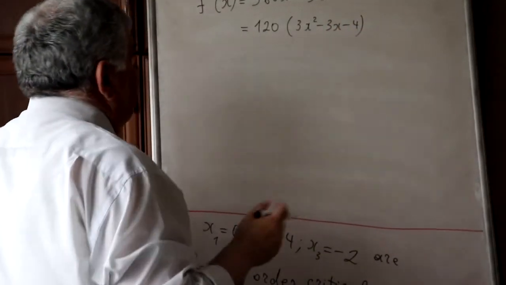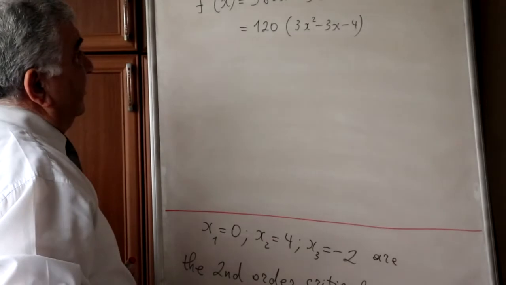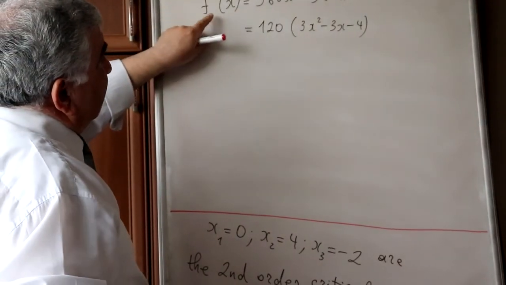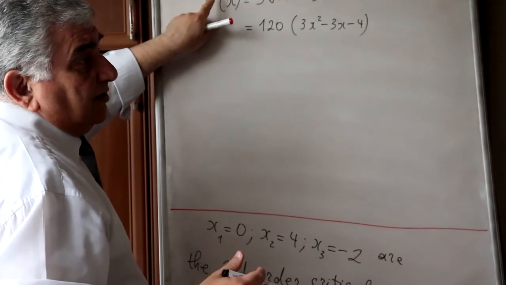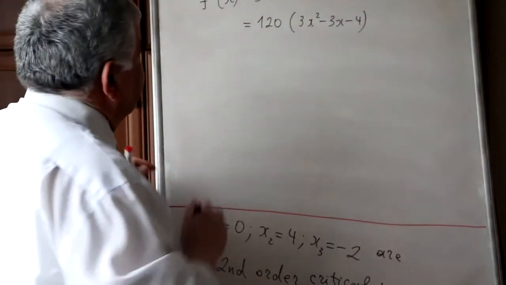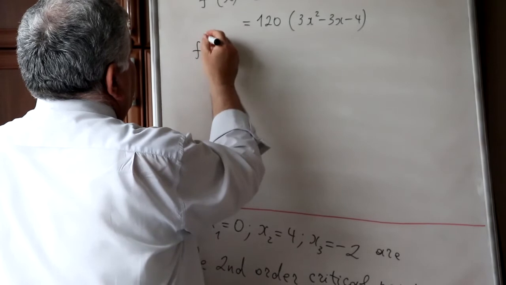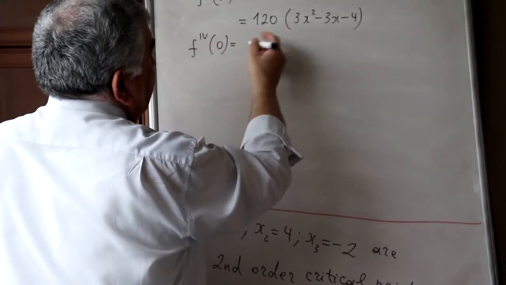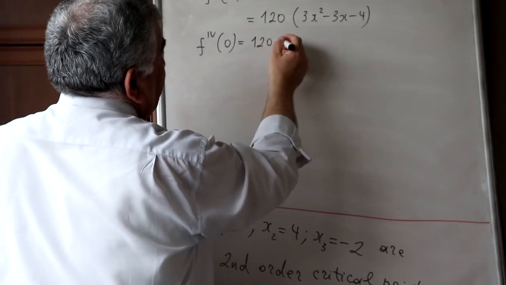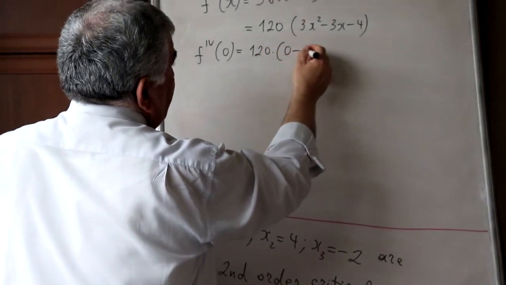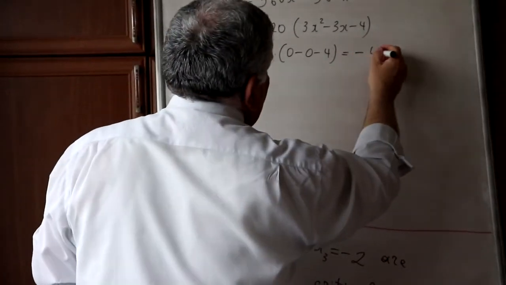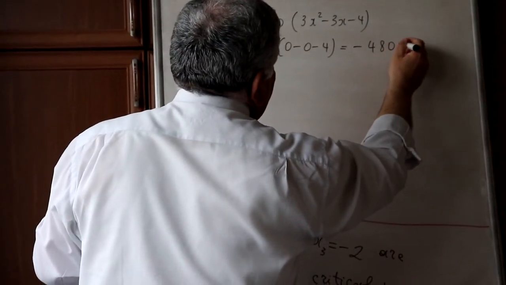And again substitute 0 instead of x in the expression of the fourth order derivative. The fourth derivative at 0 is equal to 120 multiplied by minus 4, which is minus 480, and isn't equal to 0.